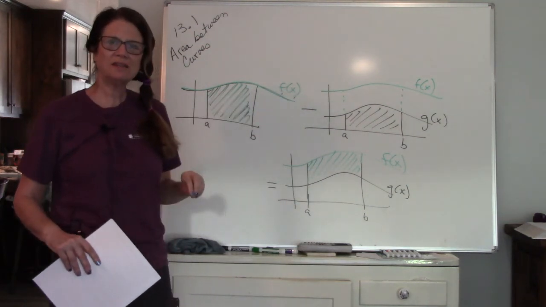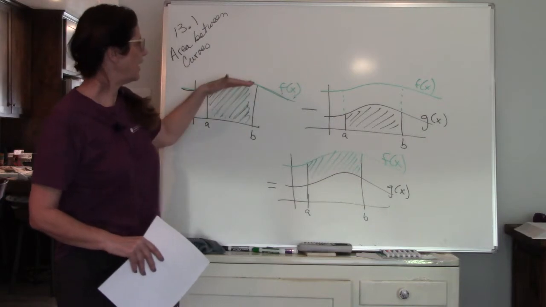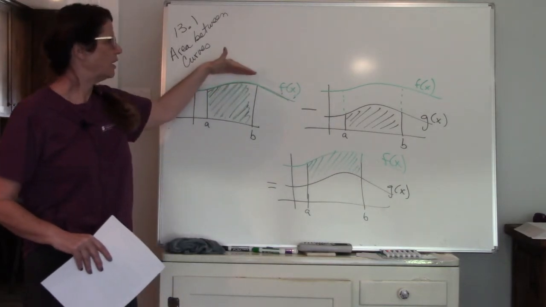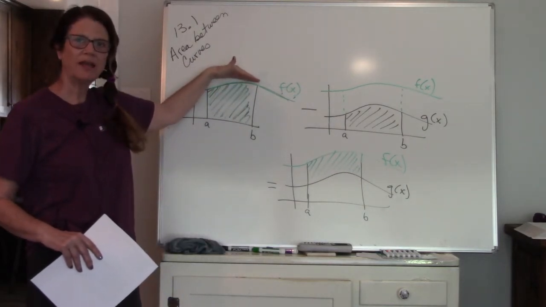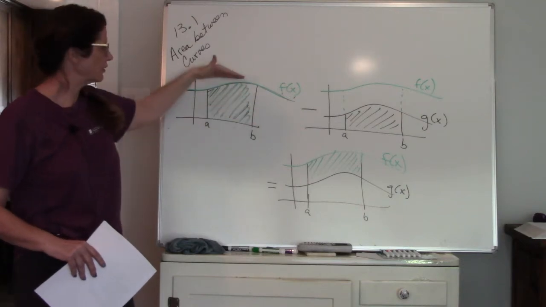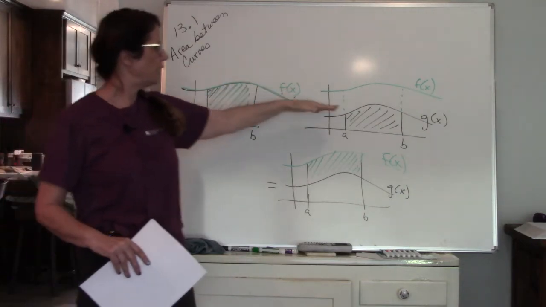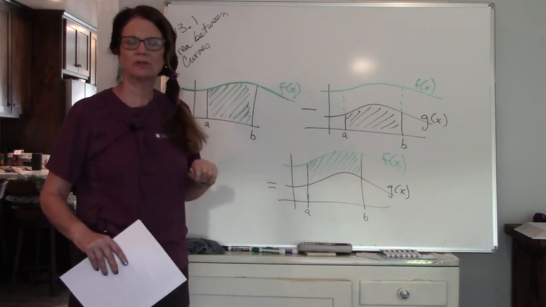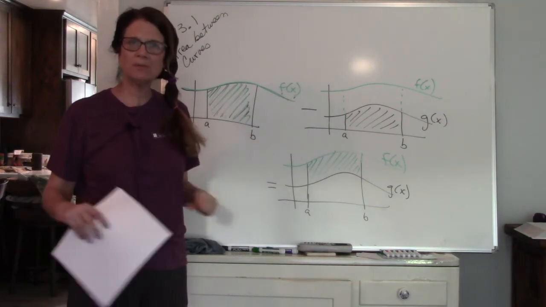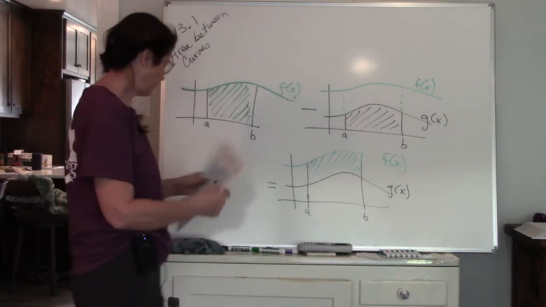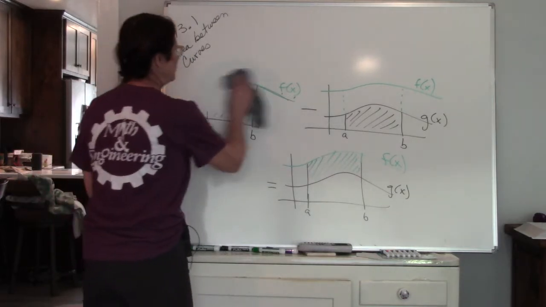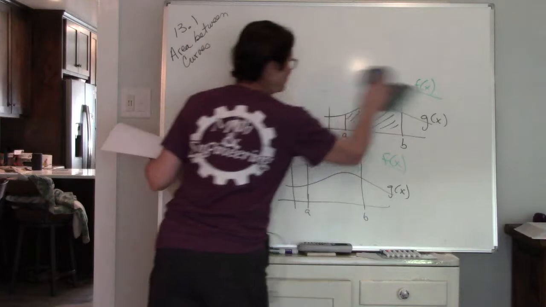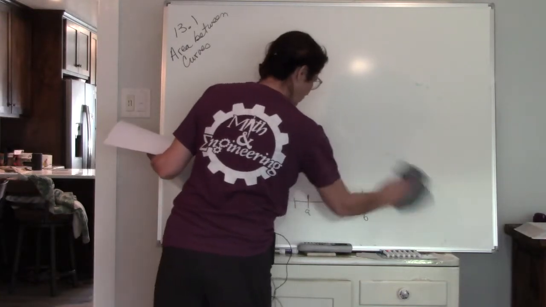The key is to make sure that you subtract the lower curve from the upper curve. So the upper curve minus the lower curve gives you the area between the two curves. That's the premise behind finding the area between two curves. Let me give you an example.